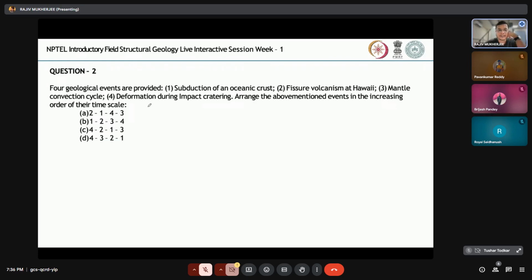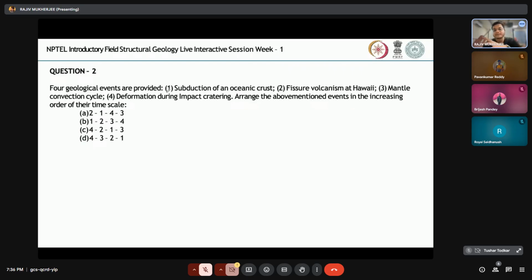So 4 is deformation during impact cratering, 3 is mantle convection, 2 is fissure volcanism at Hawaii, and 1 is subduction of an oceanic crust.